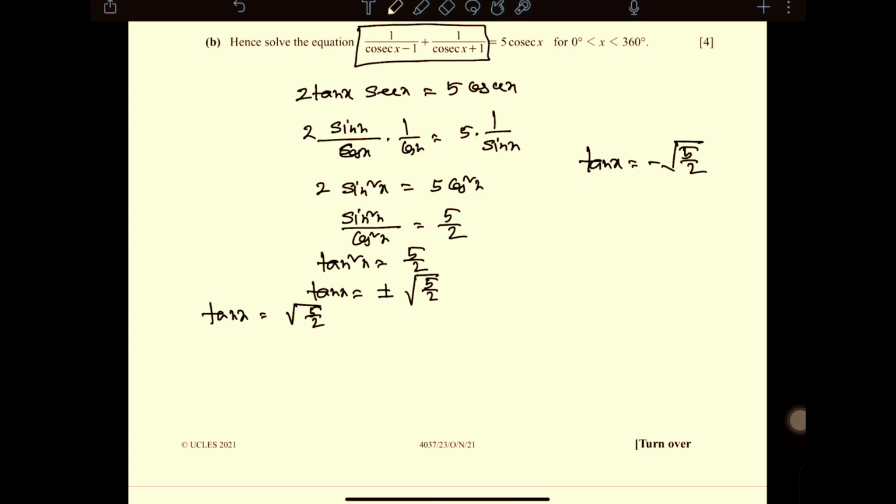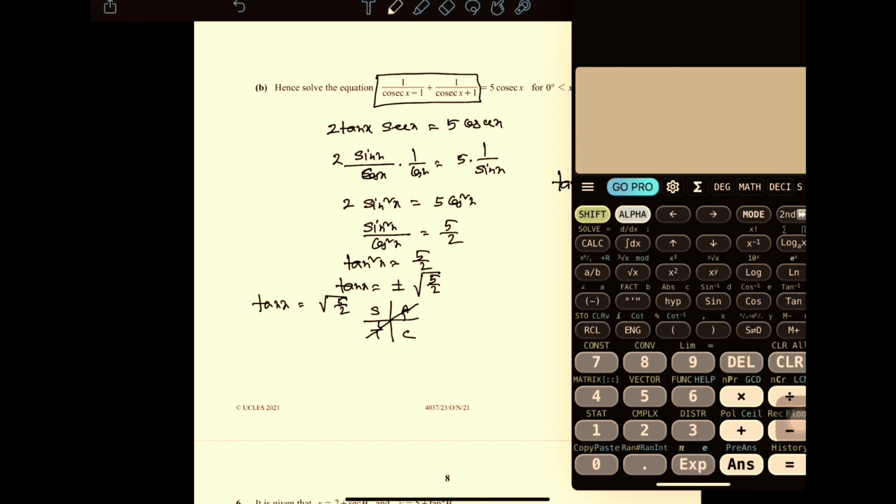Now let me consider here the class diagram. All students take Cambridge. Trust Cambridge. So since tan x is positive, you can choose this quadrant and that quadrant. In this quadrant, it is theta, and in this quadrant it will be pi plus theta, that is 180 plus theta. So what is the reference angle? Let me take shift tan of root over 5 over 2.